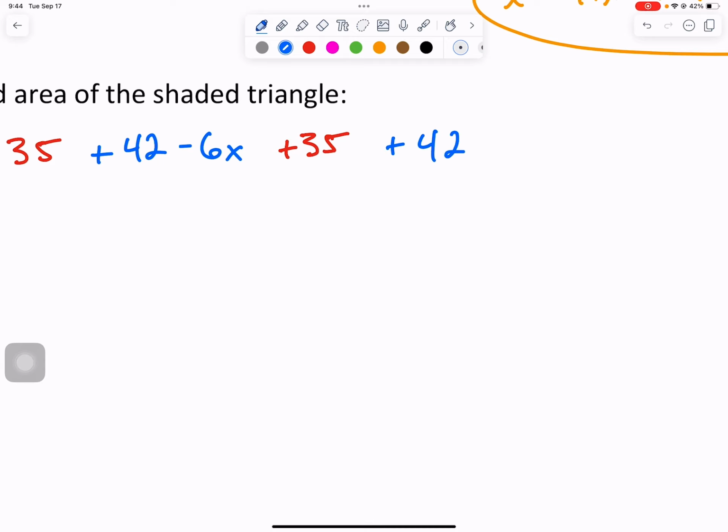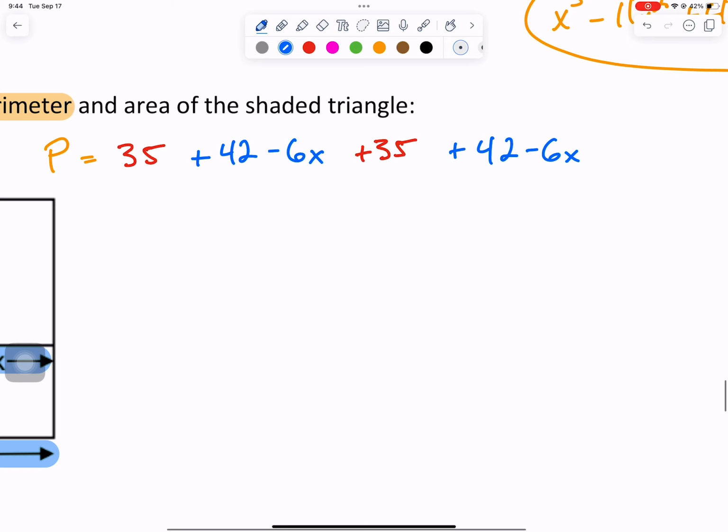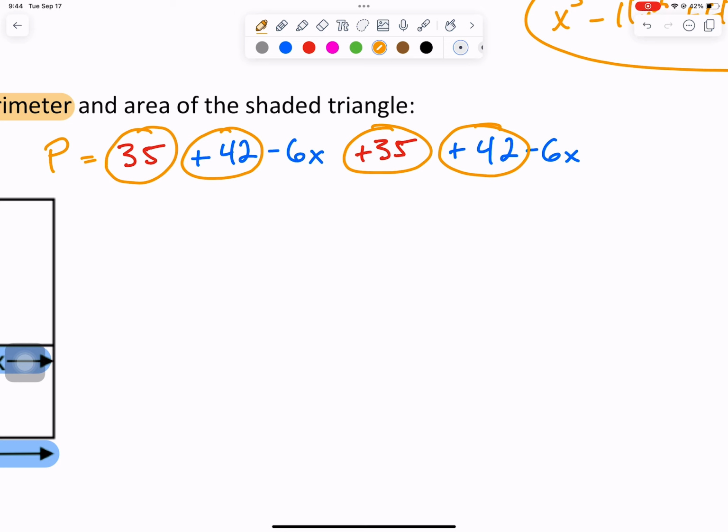I know, seems like a lot of work, but this one you guys can definitely nail, no problem. 35, circle, 42, circle, 35, circle, 42, circle. And what do you guys get when you add all of those together? Wonderful job, 154.